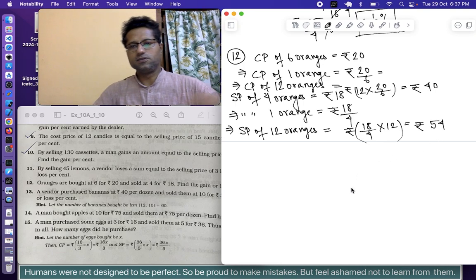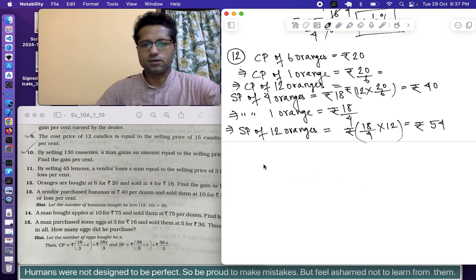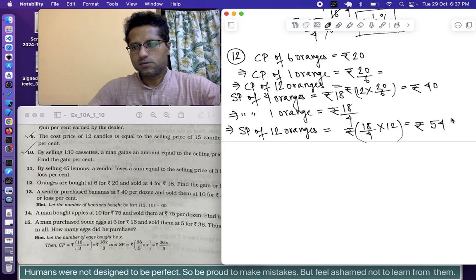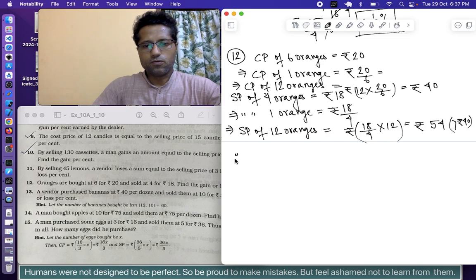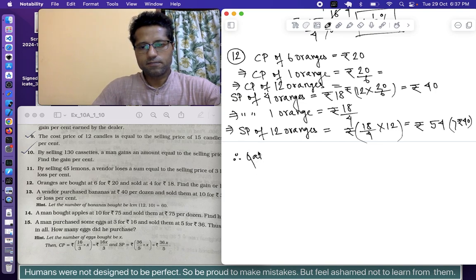So now it will be easier to compare 40 and 54. Certainly 54 is greater than rupees 40. Therefore, since SP is greater than CP, we can say there is a gain.